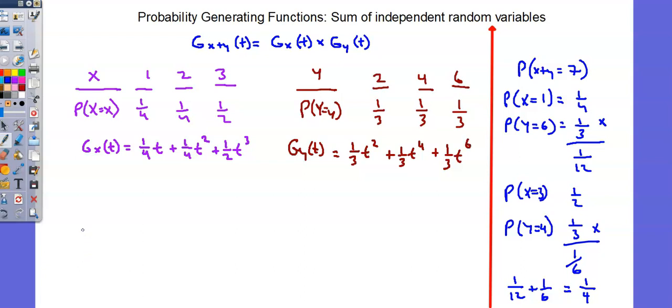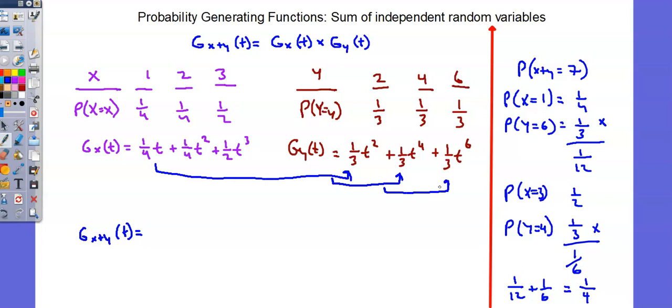And now for the probability generating function for x plus y. Notice our rule is we multiply, so I will multiply the first term for the probability generating function of x, 1 over 4 t, times 1 over 3 t squared, as well as times 1 over 3 t to the power of 4, as well as times 1 over 3 t to the power of 6. Similarly for the second term, multiplying by all three terms in y.